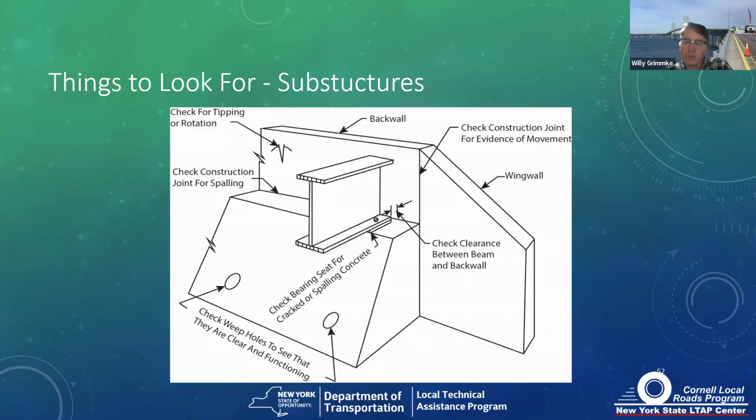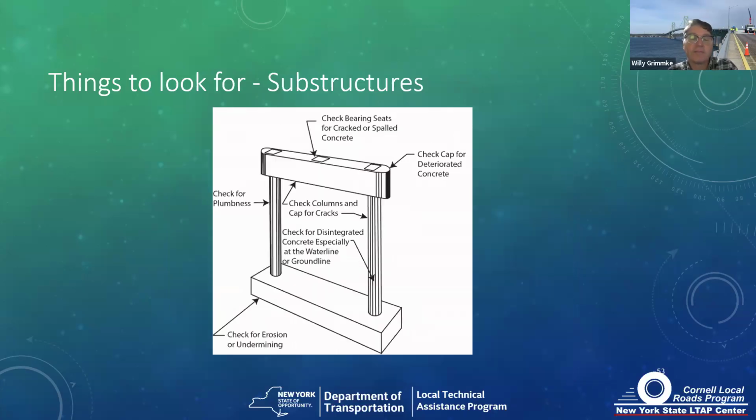If you look at where your wing walls meet your abutment, is that joint pretty uniform top to bottom, or do you have something rotating where one end of the joint is a wide opening and the other is very narrow? On your columns at piers, how does that pier look?